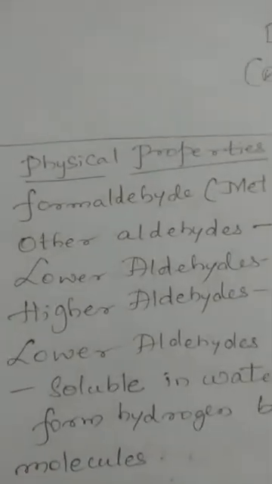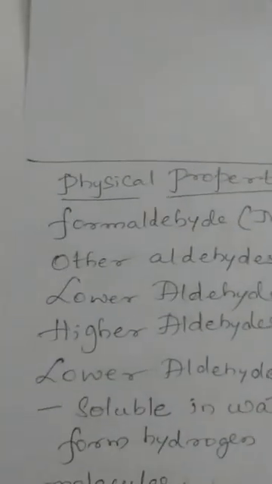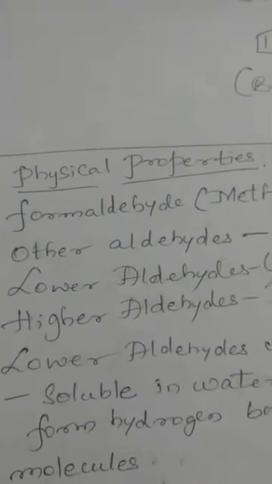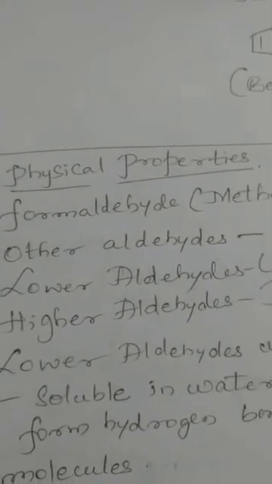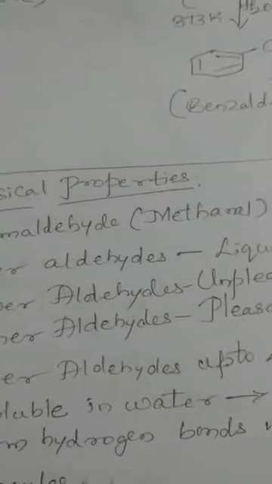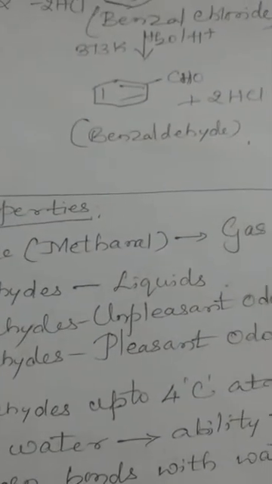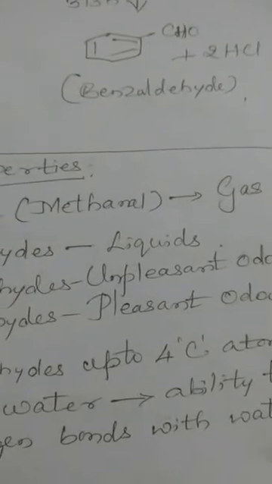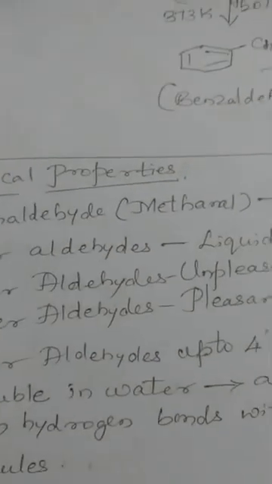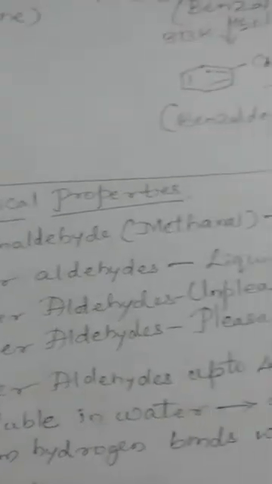Now, the very important first point is that for the first member in the nomenclature, I have written the structures of all these compounds. Formaldehyde, its IUPAC name is methanal. Formaldehyde or methanal is a gas at room temperature, whereas most other aldehydes are liquids at room temperature.